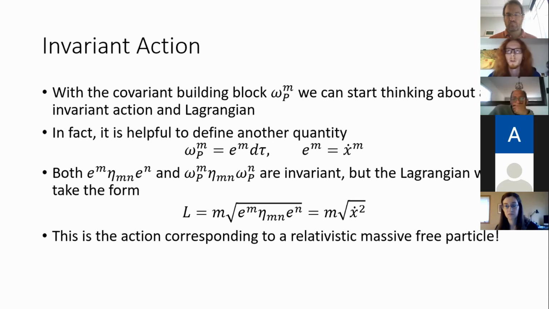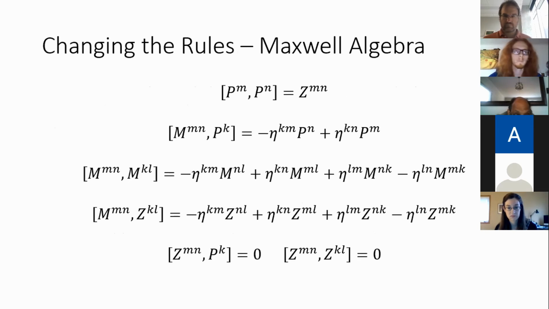Here, I'm using the Einstein summation convention again. We're summing over these indices. And in fact, the Lagrangian from these covariant building blocks will take this form that I have pictured at the bottom. And incredibly, this is the action corresponding to a relativistic massive free particle. So those are some already very cool dynamics from this kind of nuanced method.